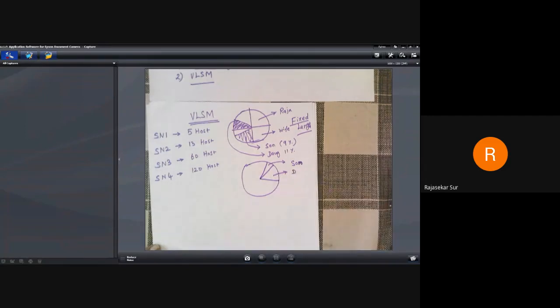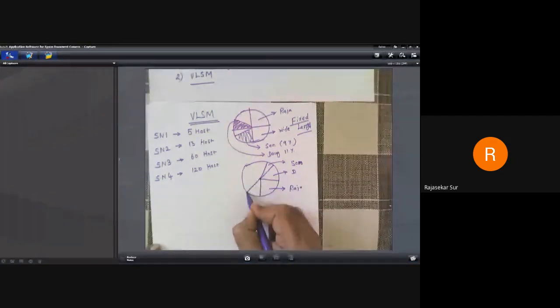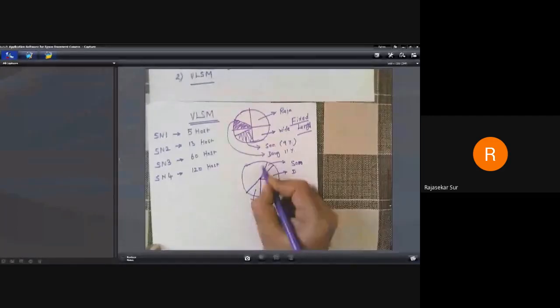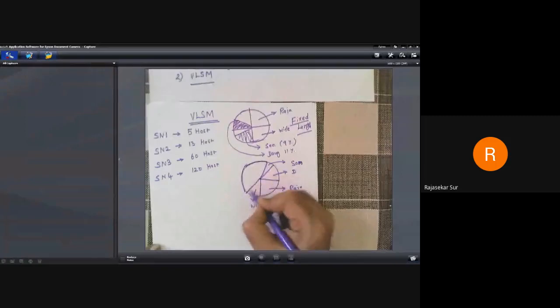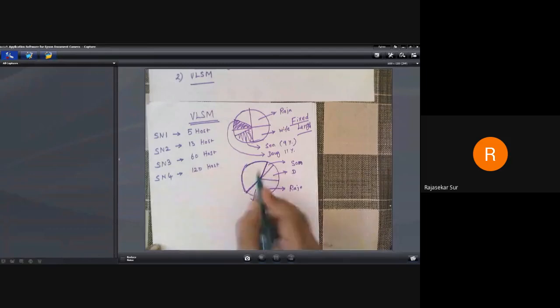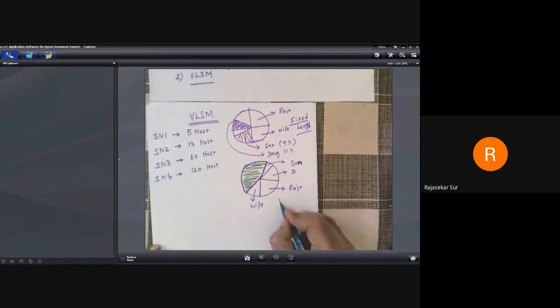Then for me, I can eat this much, so I take this. Then I ask my wife, and she tells me how much she needs. I cut only that and give it to her. Now the remaining pizza, the remaining IP addresses, I save completely, and I can use it in the future. This is called the variable length concept.